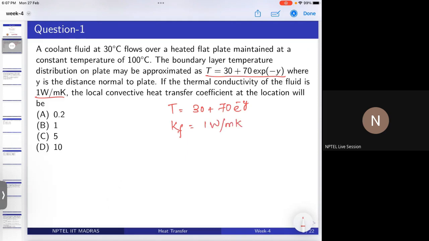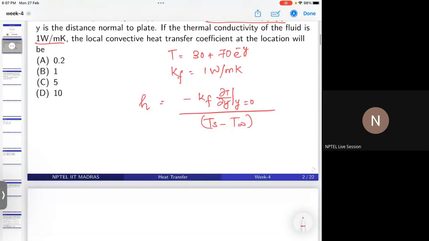The definition of the heat transfer coefficient h, already discussed in class, is h = minus kf dT/dy at y = 0, divided by (T surface minus T infinity).